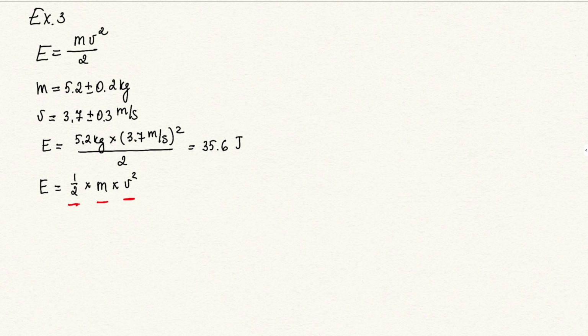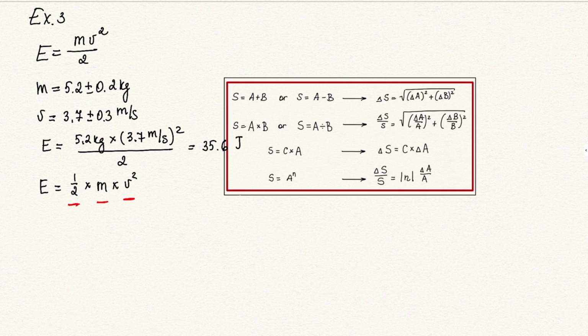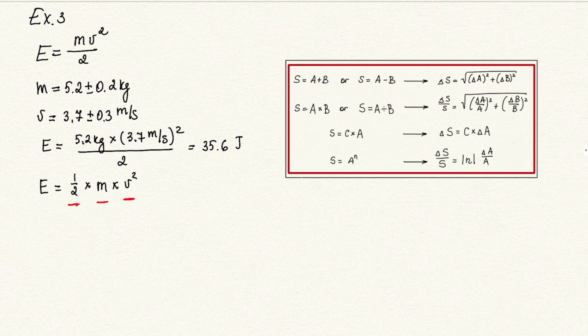So I'm going to bring up my cheat sheet, and you can see that this time we will be using this formula at the bottom, which allows us to calculate an uncertainty of our measurement squared.